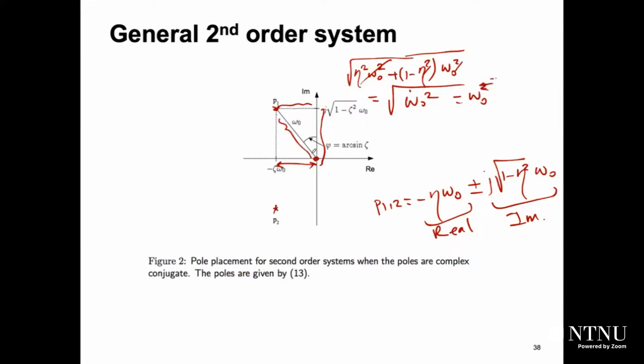So the length of that part will be omega naught, which is the undamped natural frequency. So if you want to find the natural frequency, you need to find the length of the distance between the origin and the pole. This one will be omega naught. This one also will be omega naught.